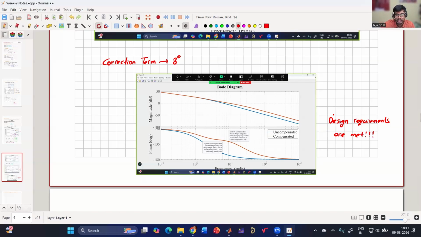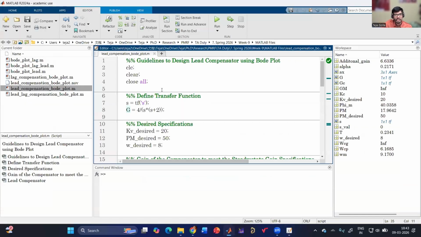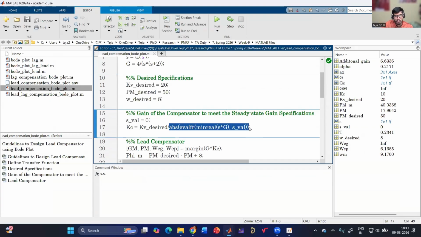So just to quickly summarize the code, what we are doing in the case of lead compensation design is first we have to define the transfer function, and then based on the desired specifications, first I have to calculate the gain. So I'm calculating the gain of the plant, and then how much additional gain is needed to achieve the desired Kv.